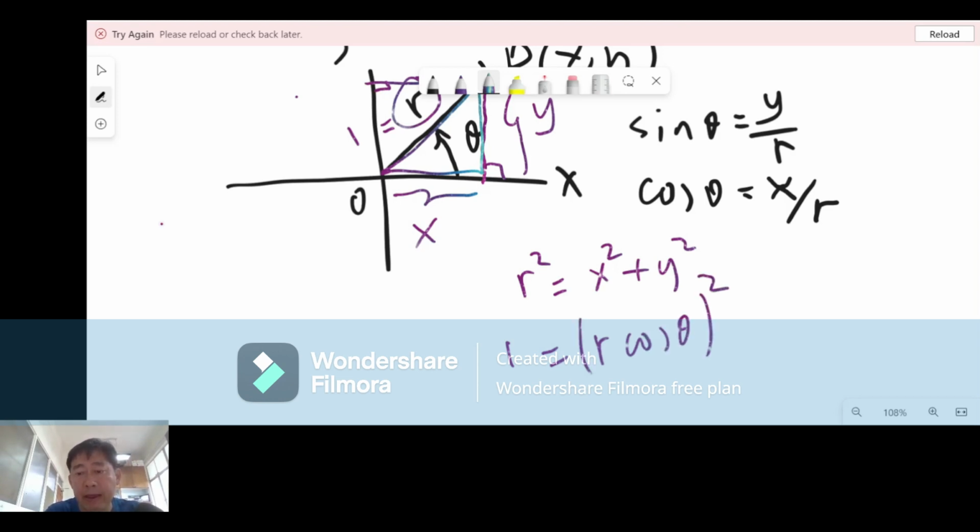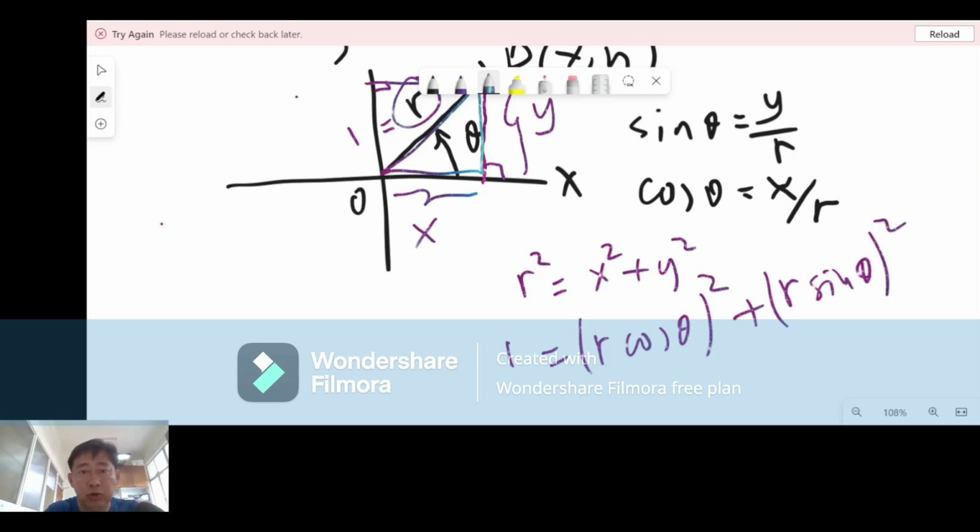So it doesn't really matter whether theta is in the first quadrant, second quadrant, third quadrant, or fourth quadrant. When you square it, the cos squared theta is always positive. So is the value of y squared, which becomes r sine theta squared.